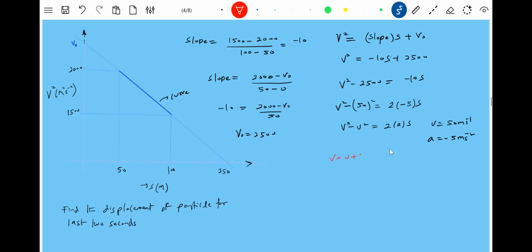V equal to u plus at. For what time will it be in motion? Final velocity is 0, initial velocity 50, acceleration 5. So it's going to be in motion for 10 seconds.